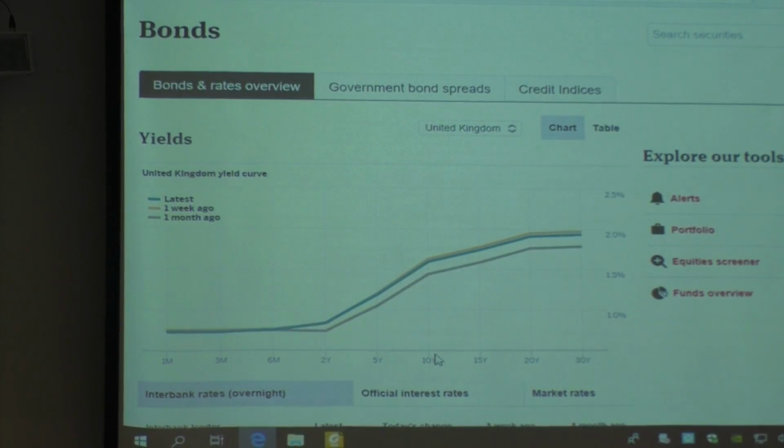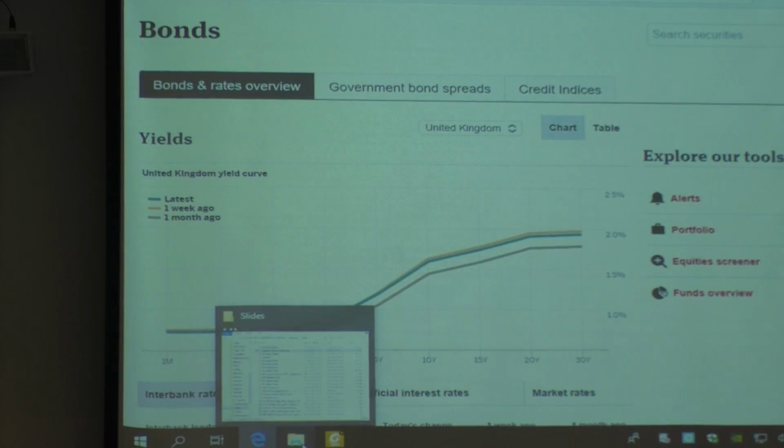Different currencies, different governments and different corporations that issue bonds are going to have different yield curves. Okay, so again, a yield curve is a nice way of summarizing interest rates for all lengths of deposits.